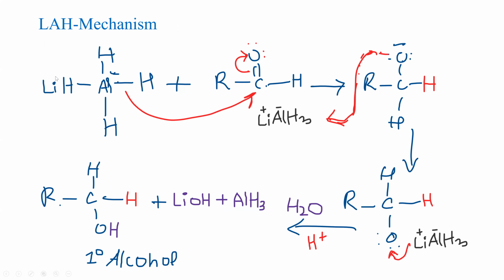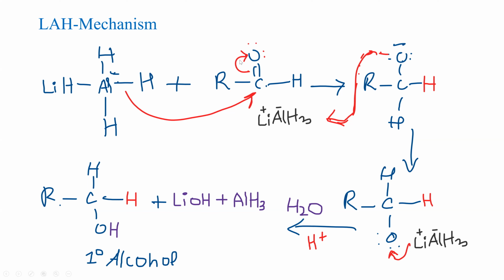You should know that this lithium is positive to nullify this negative charge, and this molecule is overall neutral. Now this is reacting with the aldehyde, and it could be the ketone also, so you can practice that one. Right now I have written the aldehyde here.